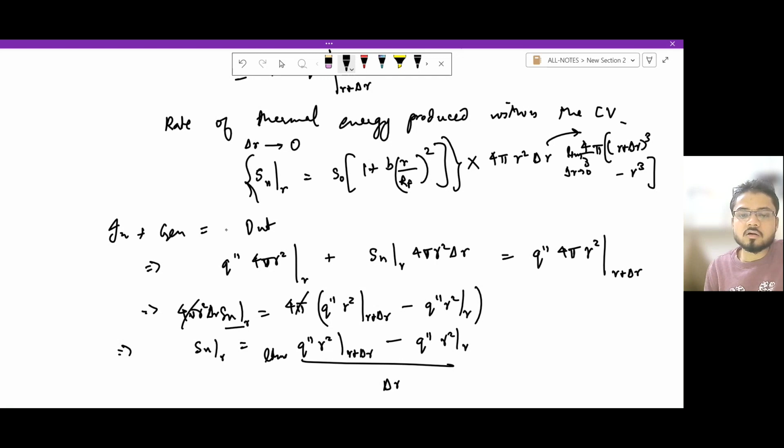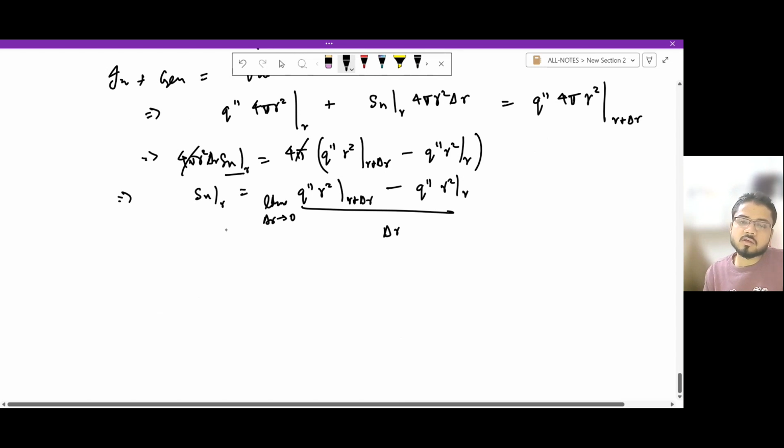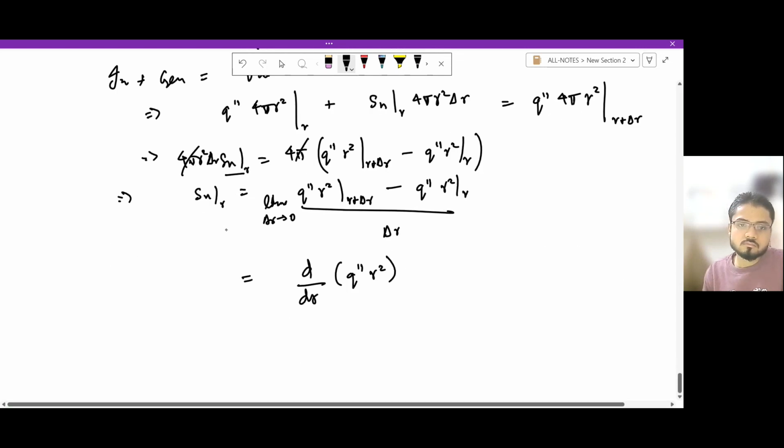And since our delta r tends to 0, you could just apply this limit right here. And through the first principle of derivatives, this looks exactly like something that would be differentiated with respect to r. Yes, so this is how it looks.